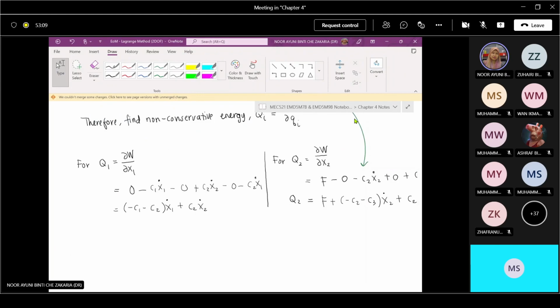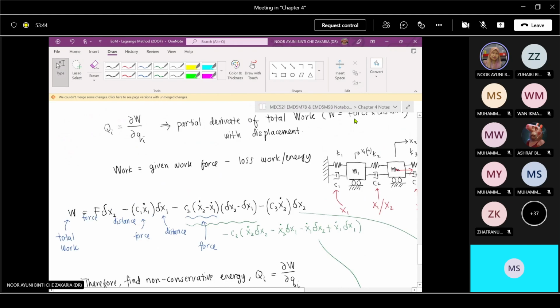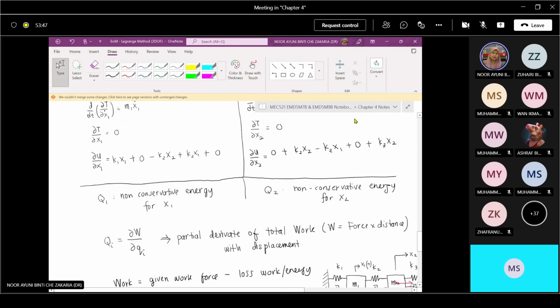Okay, and then combine all findings into one equation of motion. So the equation of motion for x1: we have M1 x1 double dot plus K. Where is my K? Yeah.